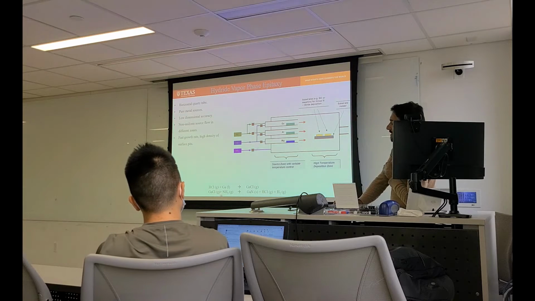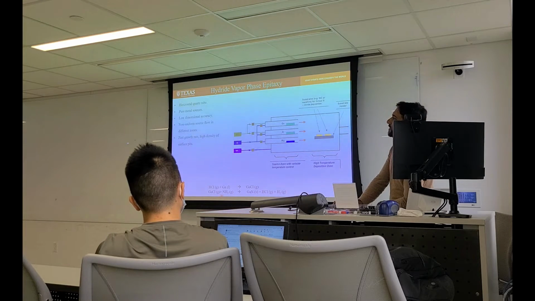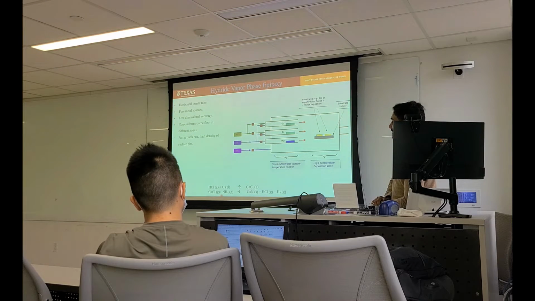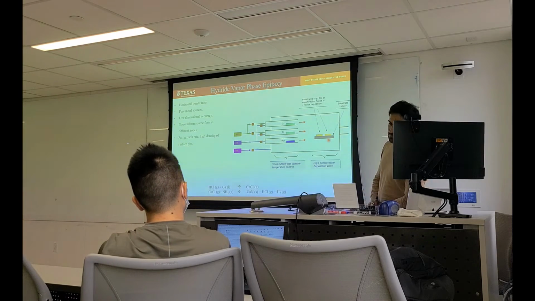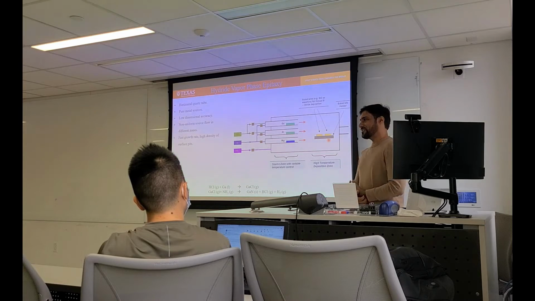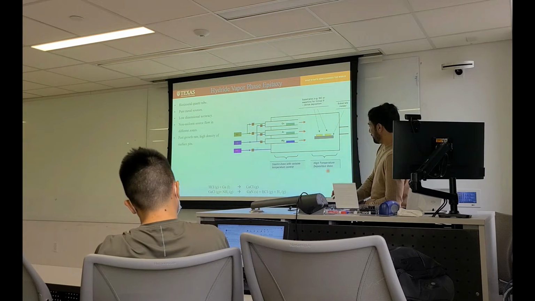And like ammonia is used as the group 5 precursor. Like ammonia breaks into nitrogen radicals, and it reacts with gallium radicals, and it makes gallium nitride. This is for gallium nitride. And in case of gallium oxide, you can use the pure oxygen or N2O gas. Growth usually it happens at 700-800 degrees centigrade.